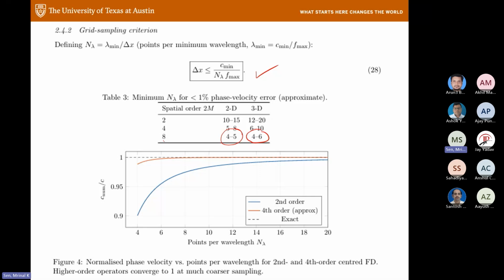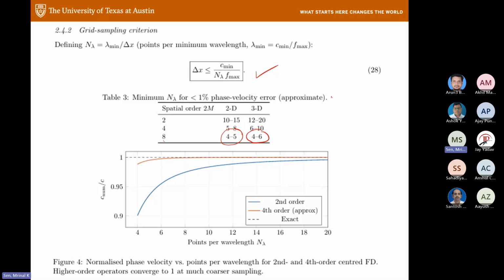Remember, for second order, I have simply a 5-point stencil. For fourth order, I have more points here. So from 5 it goes to 9 and so on and so forth. So eighth order is even bigger. So you'll be doing more calculation per grid point, but then you can use a coarser grid.